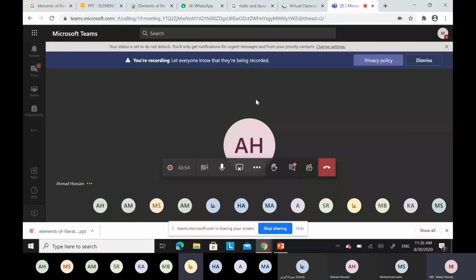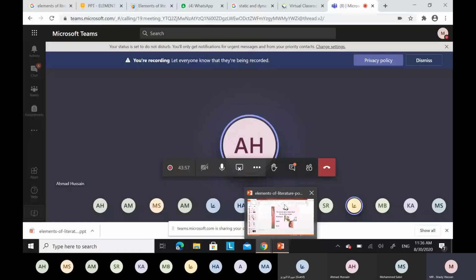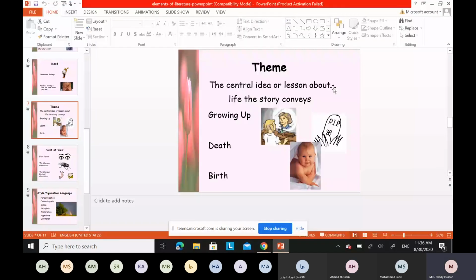Yes, the central idea. That's right. Sometimes it's the lesson you've learned from the literary work. So simply you can say it's the central idea or the moral lesson.